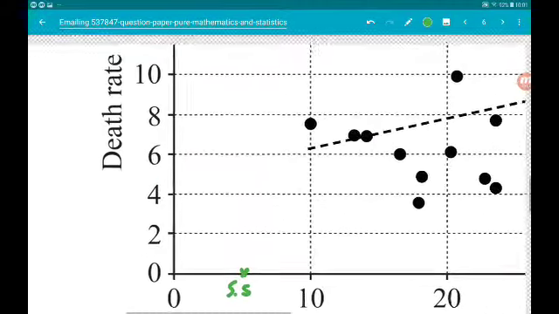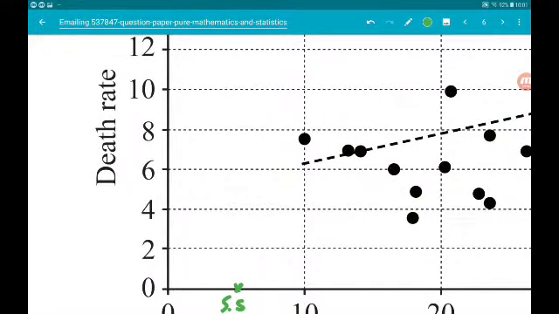First of all, we can see the line of best fit isn't drawn for that part, and the reason for that is there is no data in that region. So that would be our reasoning. There's no data in this set to use as an estimate in this region for 5.5.